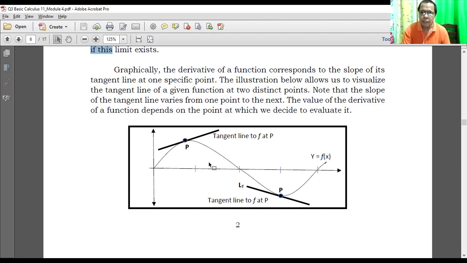What is a tangent line? Who remembers? Go ahead. What is a tangent line? You took this in your junior high school, right? If I'm not mistaken, this was discussed in grade 9. Who can give me the definition of a tangent line?